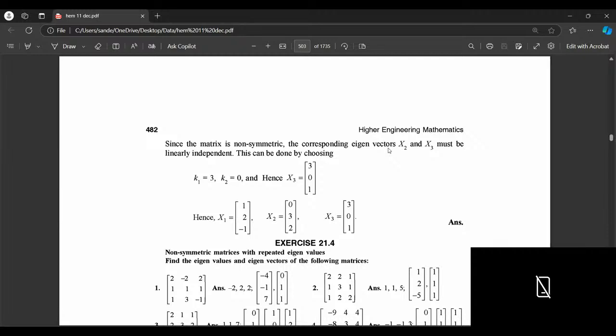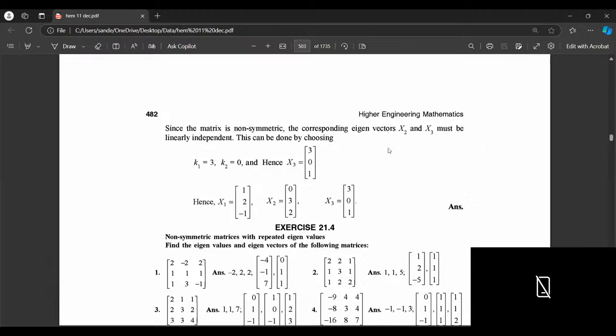So the other way is to choose k1 is 1, k2 is 0, or k1 is 0, k2 is 1. In this way you can find the three eigenvectors here, as in this example we have chosen. So 3 eigenvectors, x1 is 1, 2, minus 1, x2 is 0, 3, 2, and x3 is 3, 0, 1. This is for symmetric matrix with repeated roots and symmetric matrix with different eigenvalues.